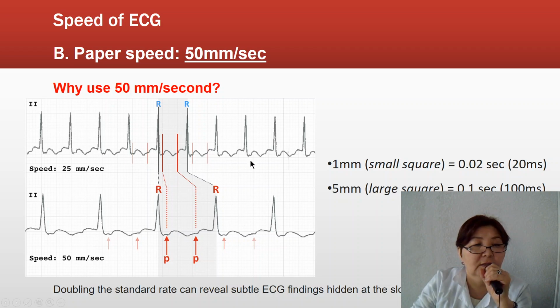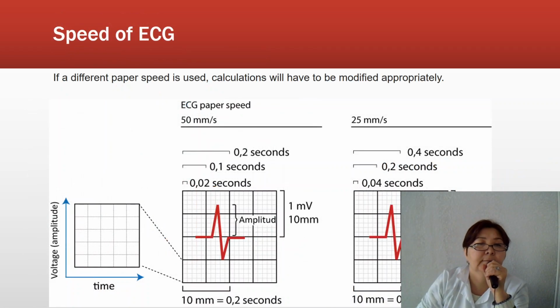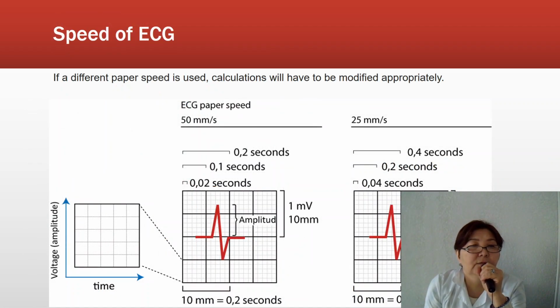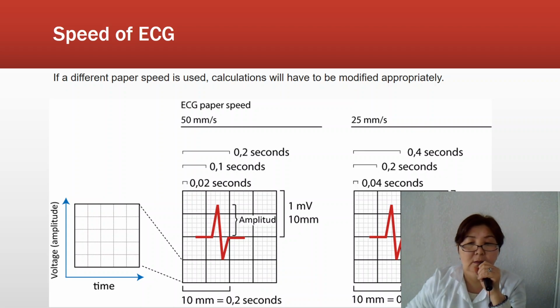Here, this is the speed of 25 millimeter per second, and when we use 50 millimeter per second, the hidden findings can be easily found. If a different paper speed is used, the calculation will have to be modified appropriately.